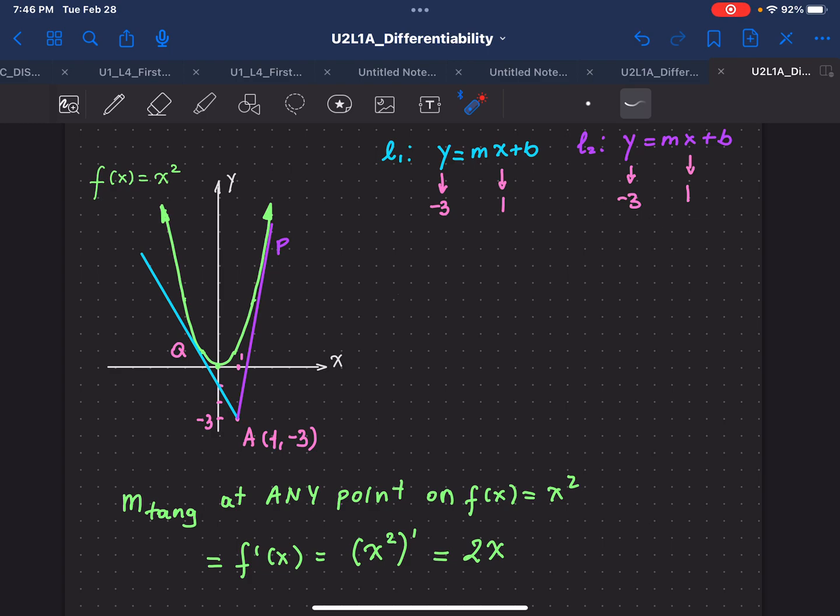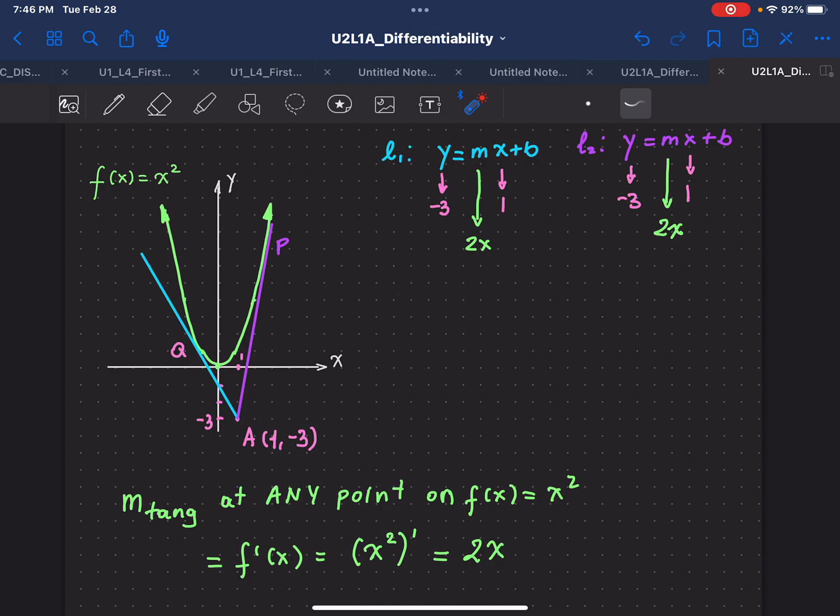So here we are. We're going to think of the slope of the tangent, which we just figured out can be interpreted by this expression 2x. But that doesn't really solve our problem, because if I'm given that the slope of the tangent will be equal to 2x, I don't know exactly what the slope is going to be, because I don't know what the x value is at the point of tangency for either one of these points.